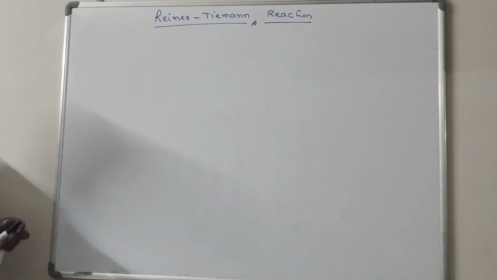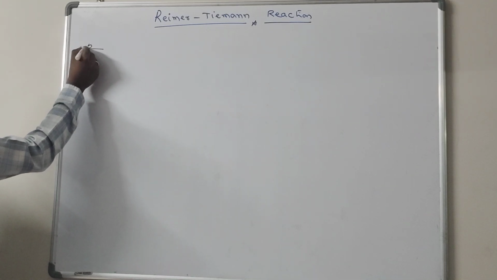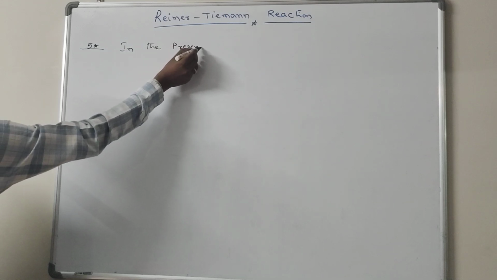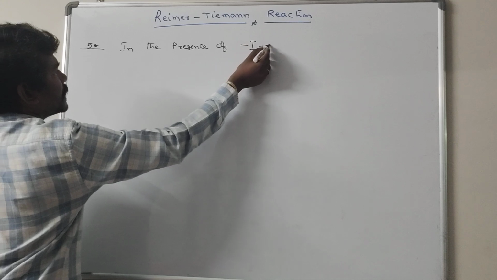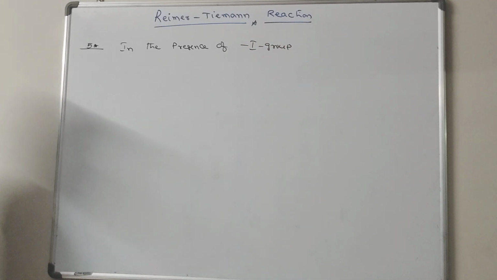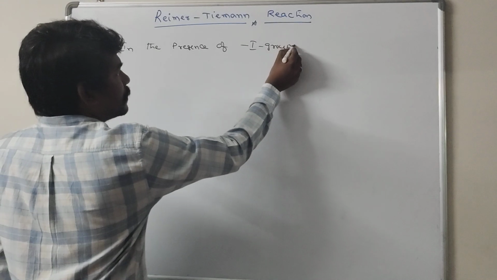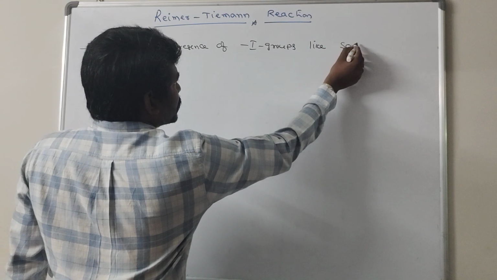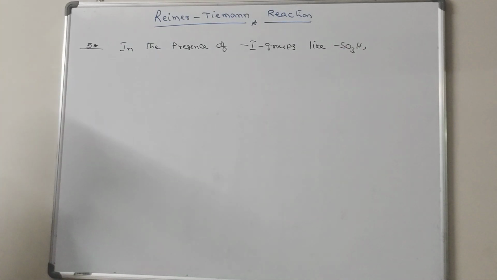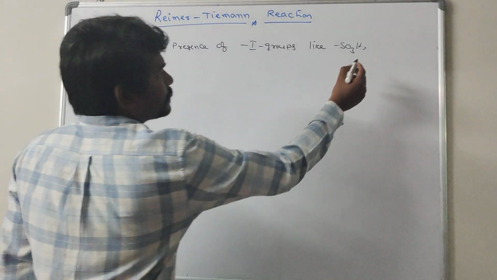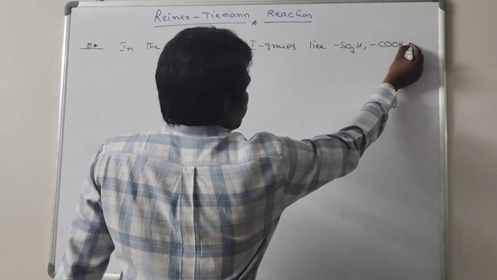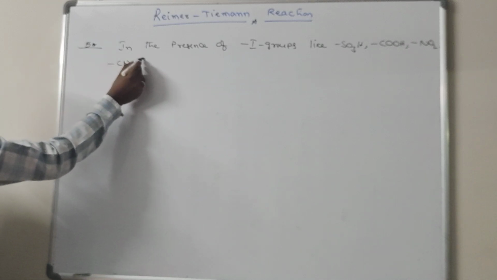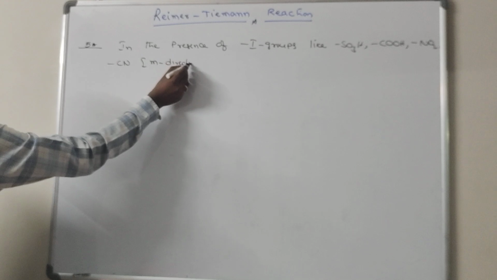In the presence of minus I groups or meta directing groups, like SO3H, sulfonic acid, COOH, carboxylic acid, NO2, nitro group, and Cl, these are all meta directing groups.